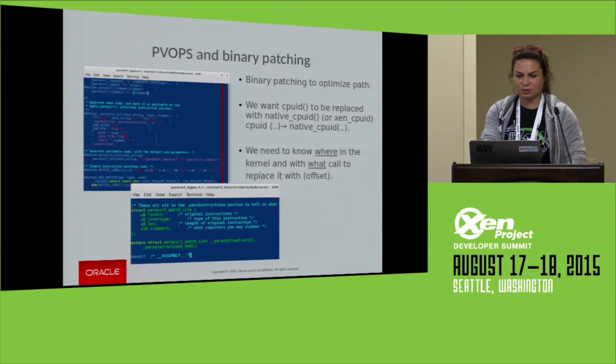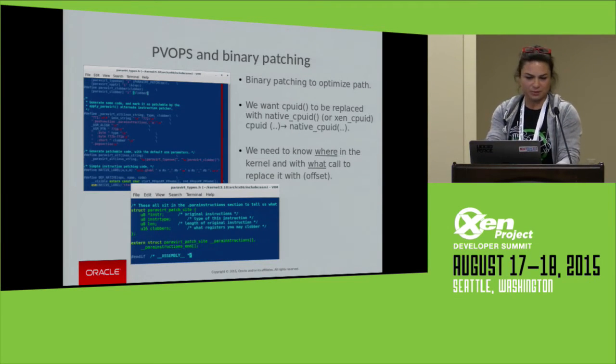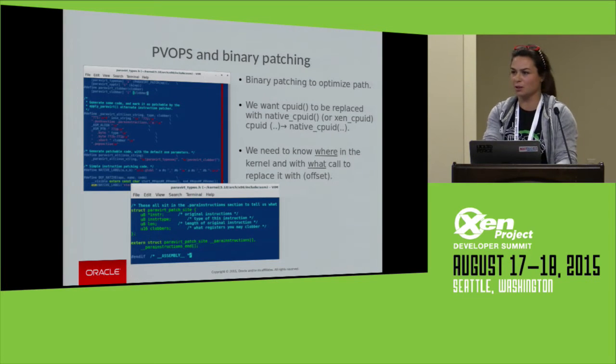So, a few words about PVOps and what they are, if somebody doesn't know. It's basically a Linux kernel facility which allows binary patching of native low-level instructions during runtime.